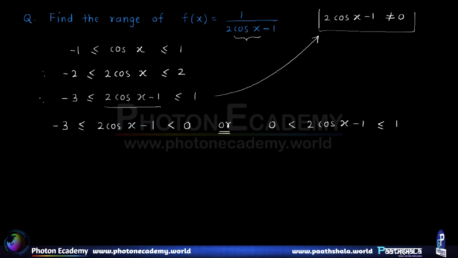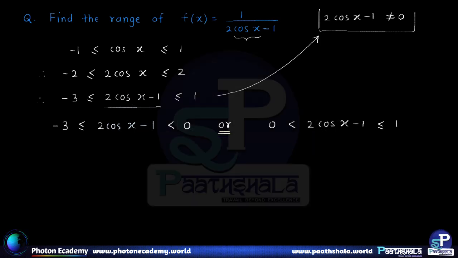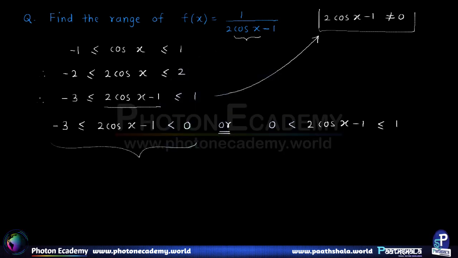So now we just want to skip the point 0 and therefore it breaks the given inequality into two different parts. Now lastly we have to take the reciprocal, isn't it? When we take the reciprocal, we observe that in the first case the required expression is entirely negative, that is, it lies between -3 and 0.